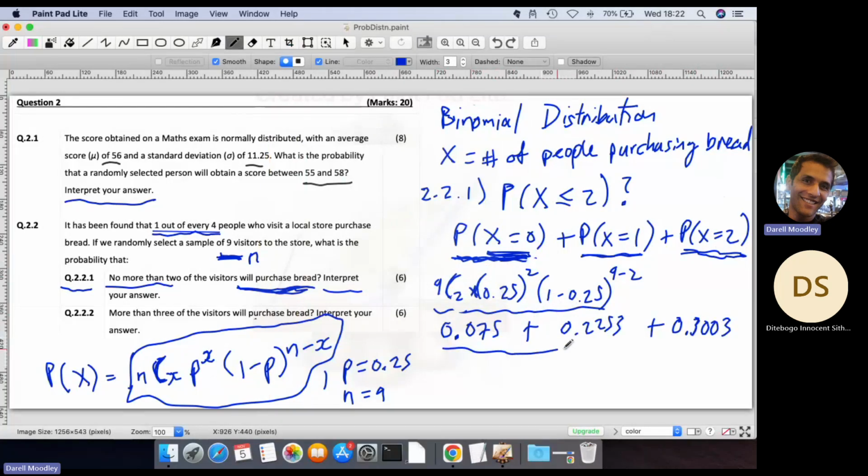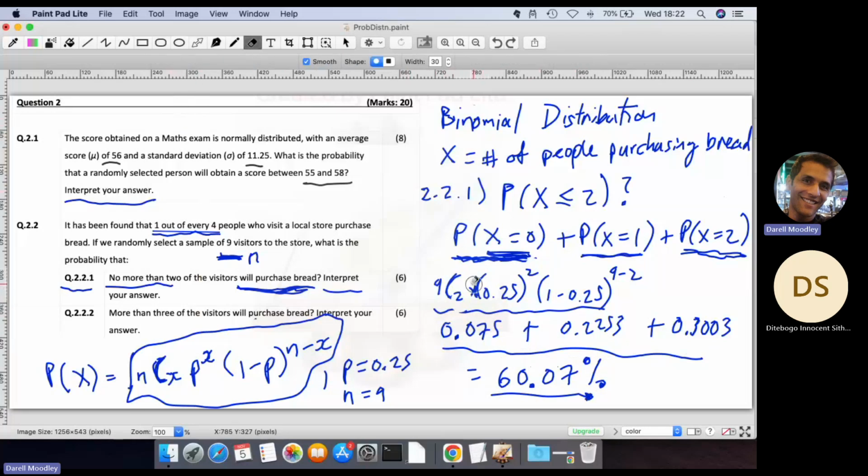And then you add them up, and that'll be your final answer. In percentage terms, it's 60.07%. It's almost 60%. So that's your final answer. Then remember to interpret your answer. To interpret it, simply read what the question is asking you.